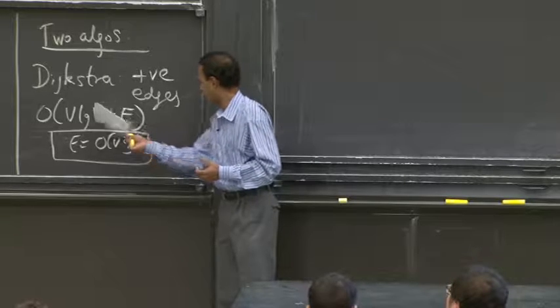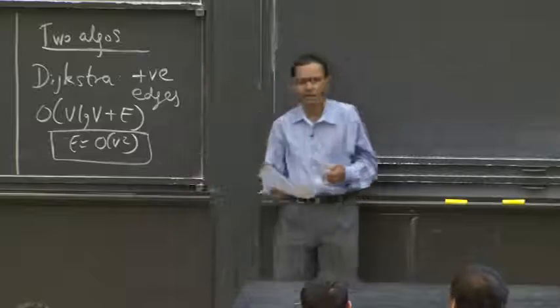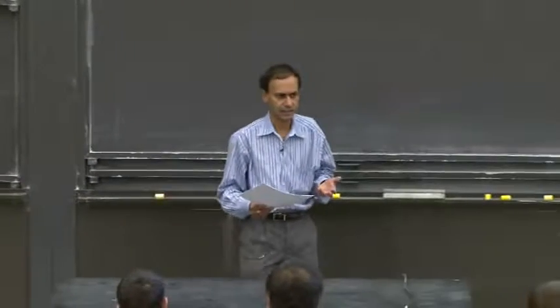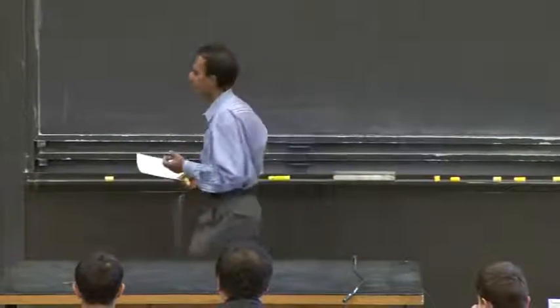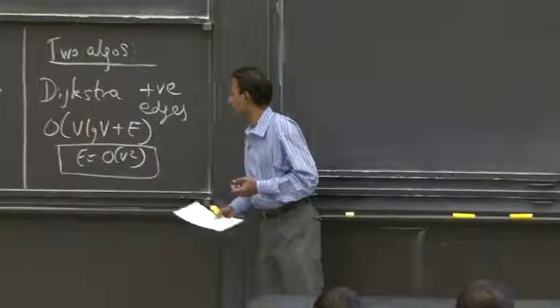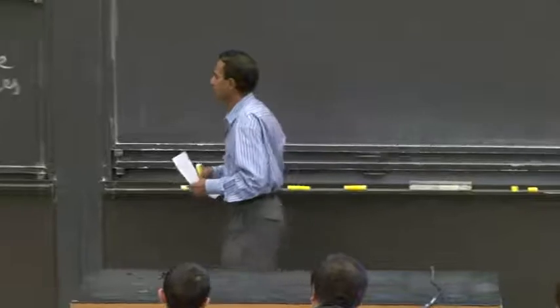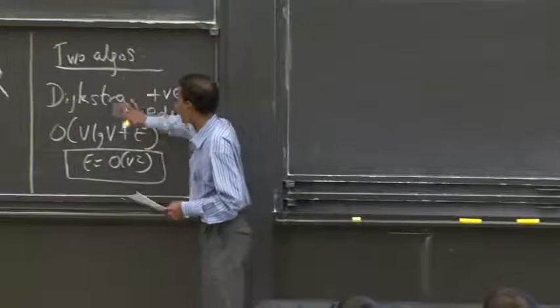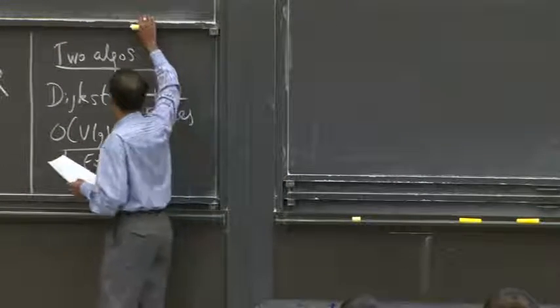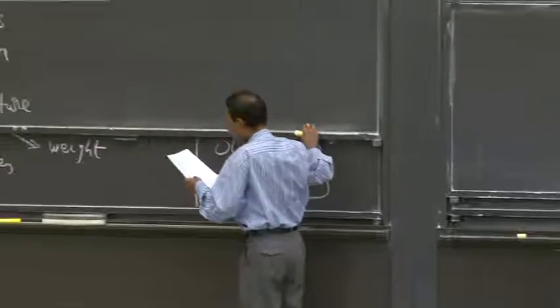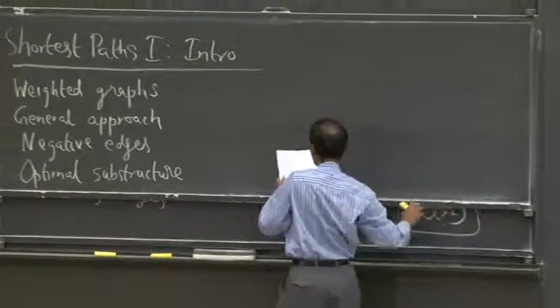And so the dominating factor here in many cases really is E. And Dijkstra is a nice algorithm because it's linear in the number of edges. Okay? So that's Dijkstra. And that's the first of the algorithms that we'll look at next time, though we'll see the general structure of Dijkstra today.